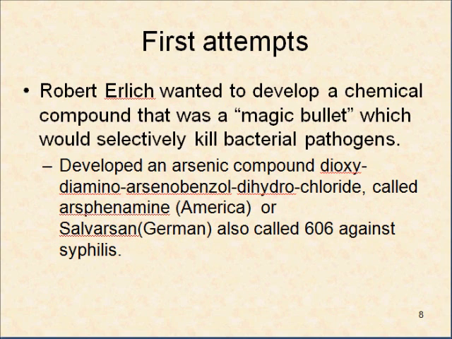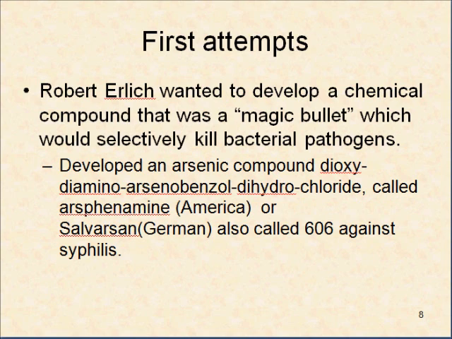Now, some of the first attempts to develop antimicrobials: Paul Ehrlich wanted to develop a chemical compound that was a magic bullet, and you may have heard that term before, but the idea was that it would selectively kill bacterial pathogens. In his studies, he developed an arsenic compound called dioxydiamino arsenobenzene dihydrochloride, and thank goodness you don't have to learn that.